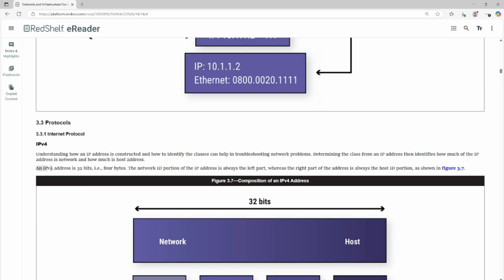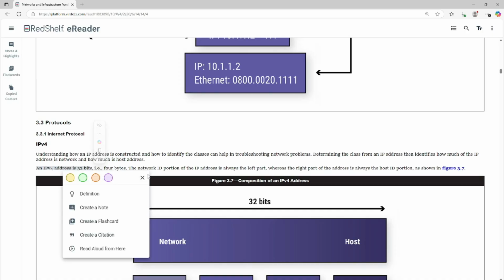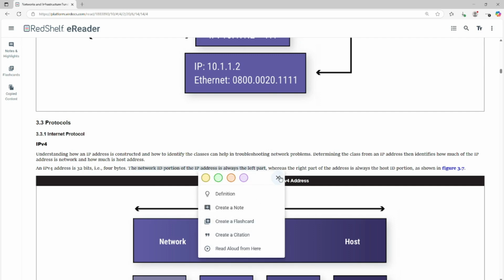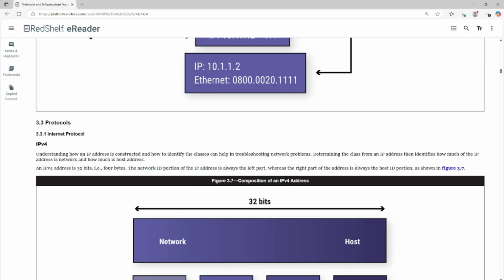It's important for you to keep in mind that the IPv4 address contains 32 bits of 4 bytes each. The network ID portion of the IP address is always to the left part. Whereas the right part of the address is always the host ID portion.